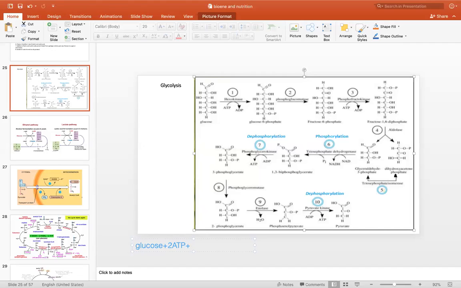Plus we also need 2 NAD as raw material, which will give us 2 pyruvate, along with 2 NADH, along with 4 ATP, along with 2 molecules of water.